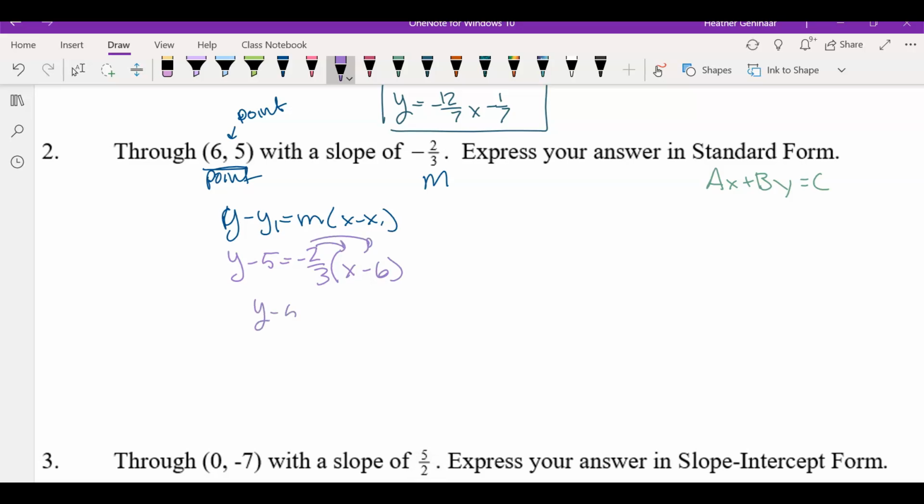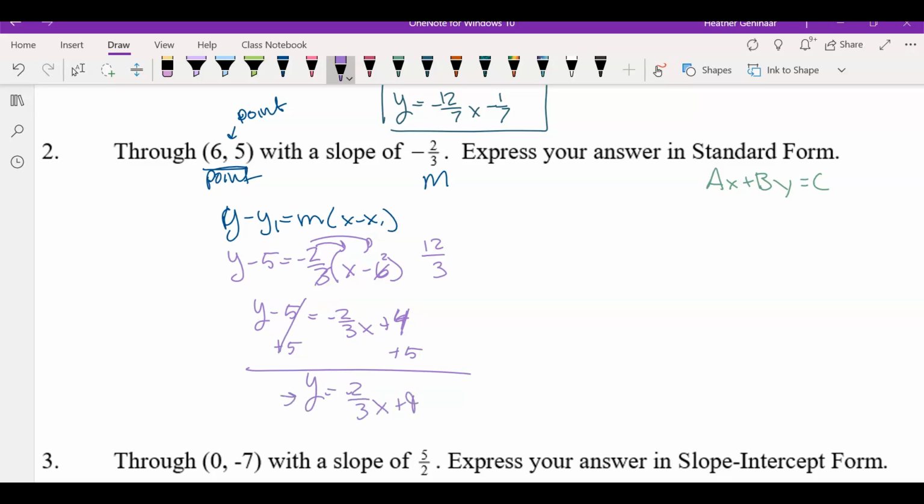So we get y minus 5 equals -2 over 3x. This becomes a positive. This actually reduces, and it's going to be 2 plus 4, or you can do a 12 over 3, right? And so it'll reduce down to 4. Then I'm going to add 5, and this becomes y equals -2 over 3x plus 9.